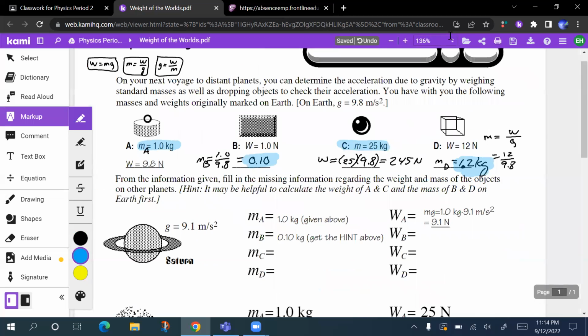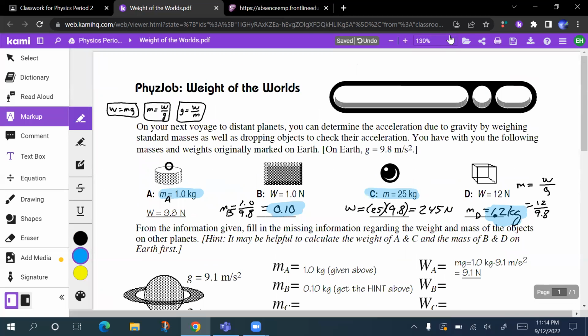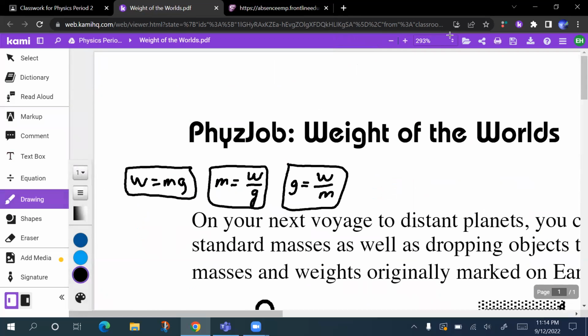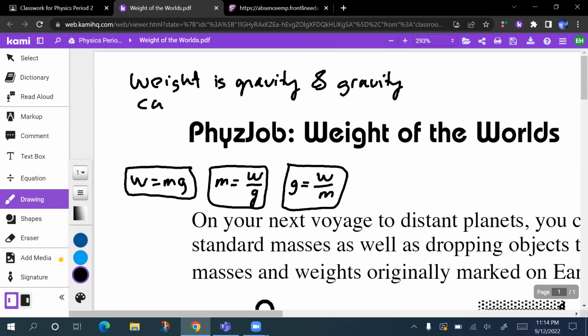And here's why. Let's write this down somewhere at the top. Weight is gravity, and gravity can change from object to object.